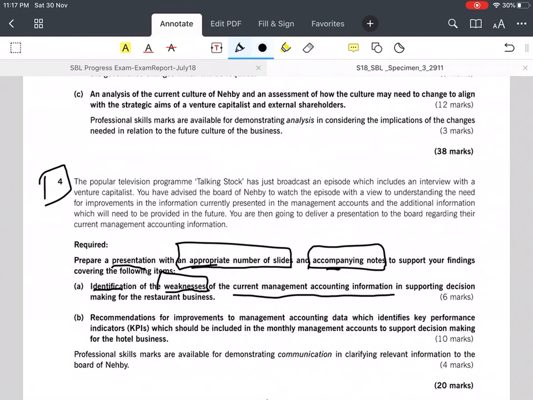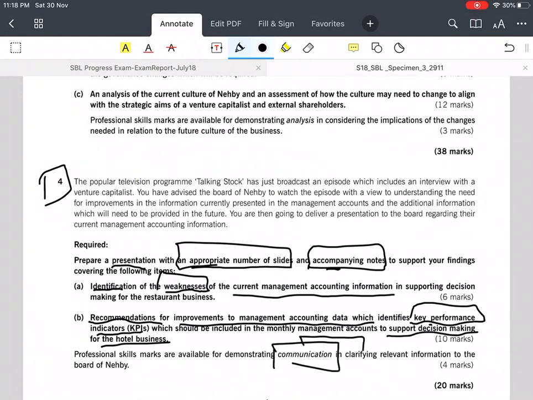And then we have to also recommend improvements to management accounting data by recommending key performance indicators which will be helping the organization in decision making. And here it will be the communication skill which will be tested in clarifying relevant information to the board.